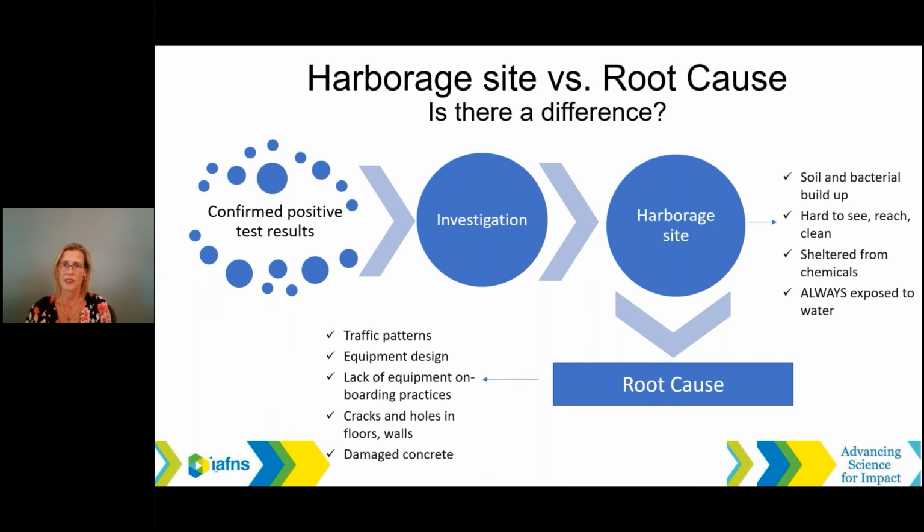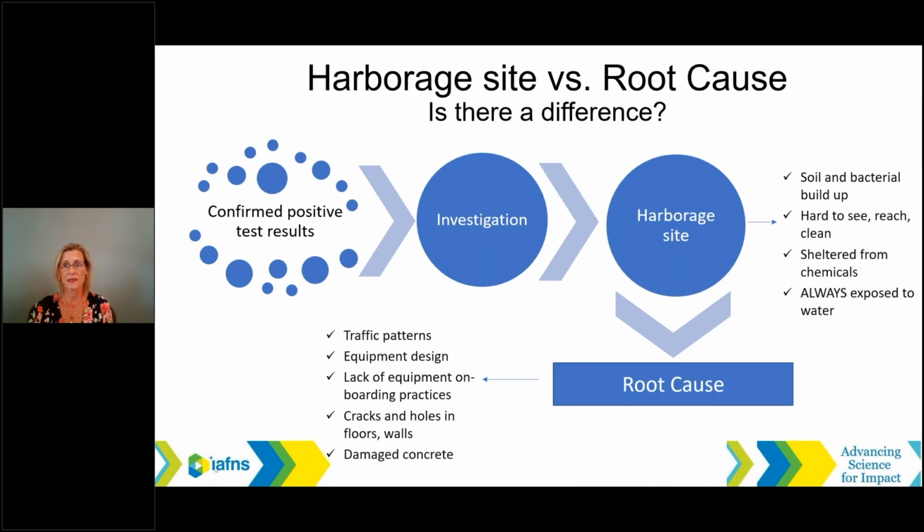That would be a harborage site, and it can linger in a plant for days, for months, and even years. The next question is, how did it get there? What is the root cause?